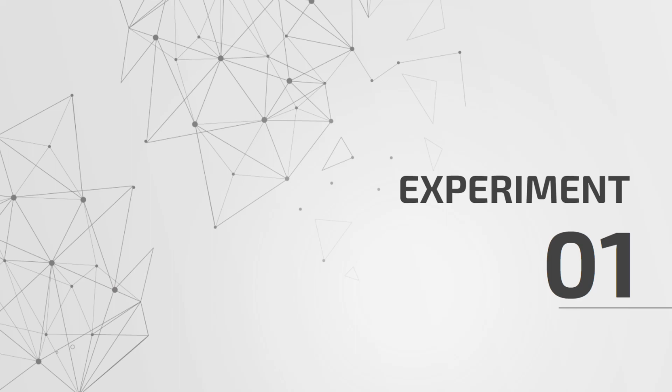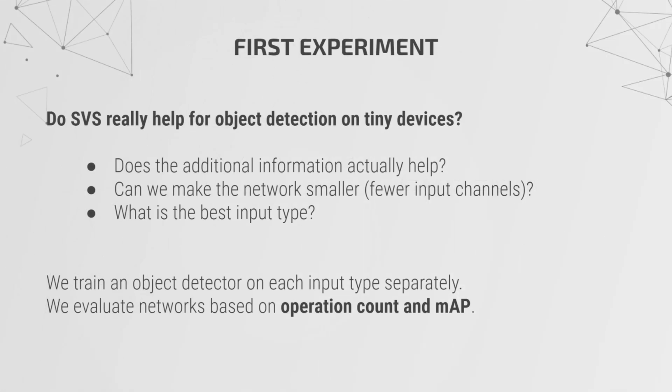The first experiment is targeted at understanding if the smart vision sensors actually help for an object detection task. We want to understand if the additional information provided by this kind of sensors actually helps our task, and if this allows us to make the network smaller, as we are relying on a smaller number of input channels.